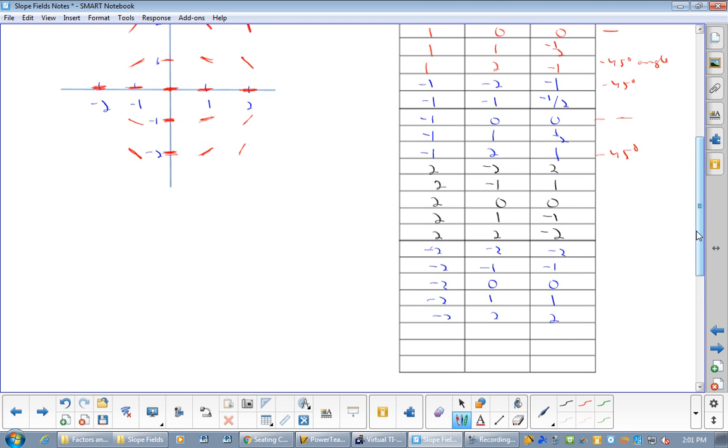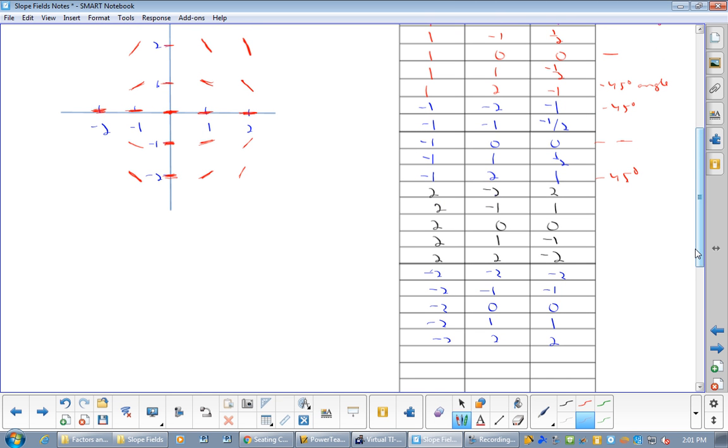Okay, so back to my graph here. At negative 2, I will have a sharper negative 2. Then I will have a negative 45, then 0, then 1, then 2.